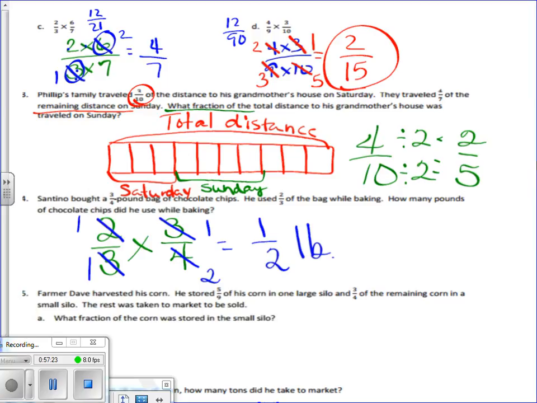Sometimes you have to do a tape diagram. You have to pay attention to what the problem is actually saying.